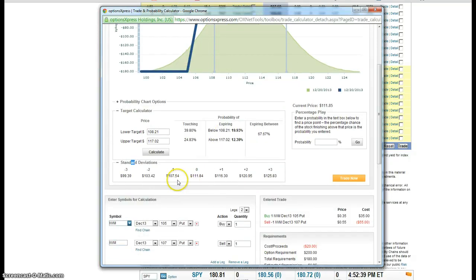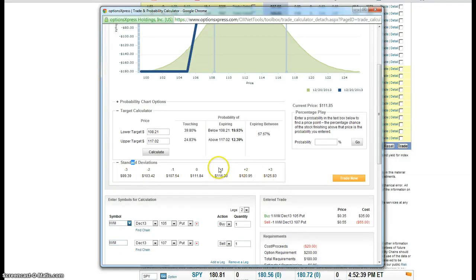We can see that one standard deviation, or 68%, would be between 107 on the put side and 116 on the call side. Two standard deviations represents 95%, and would be 103.42 on the puts and 120.95 on the calls. Then going all the way out to three standard deviations, which represents 98%, would be 125 and 99.